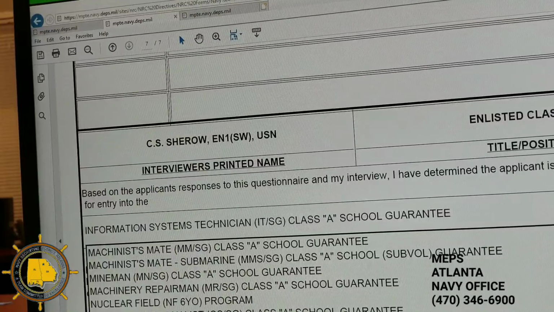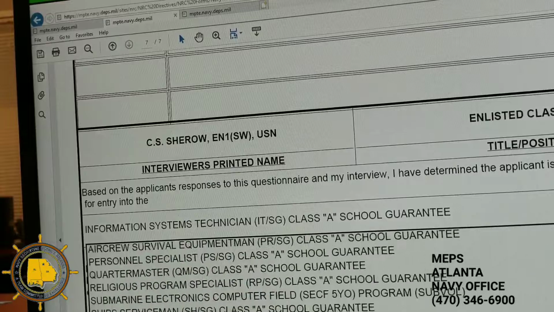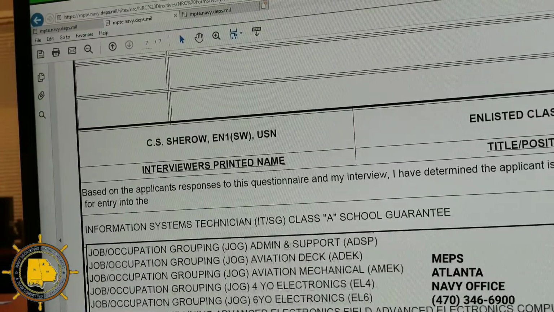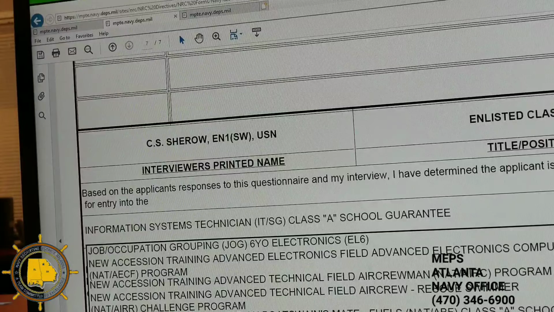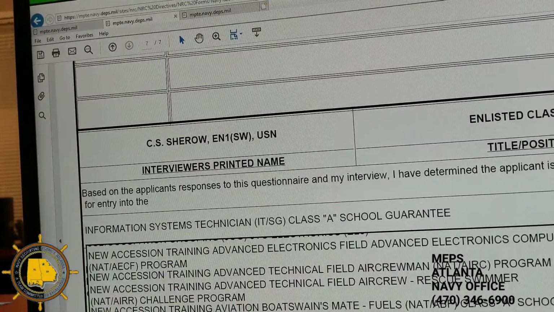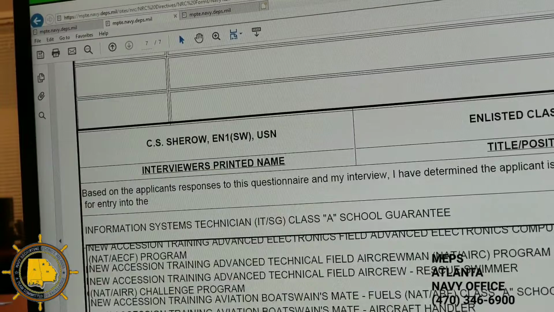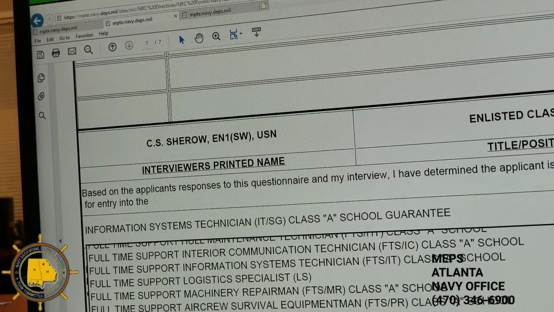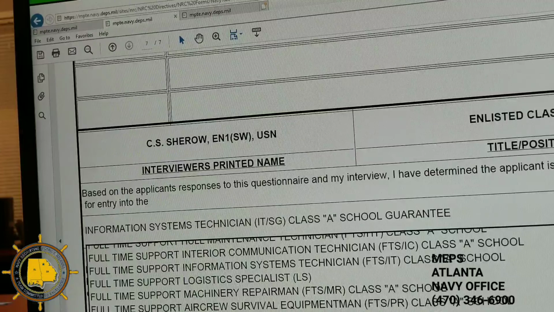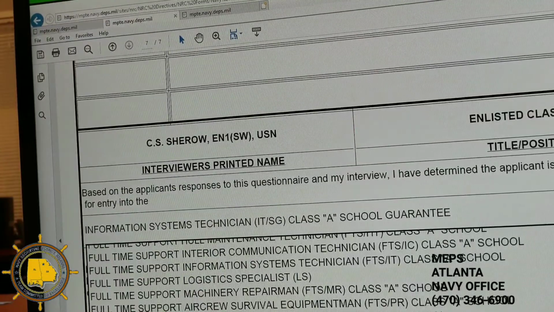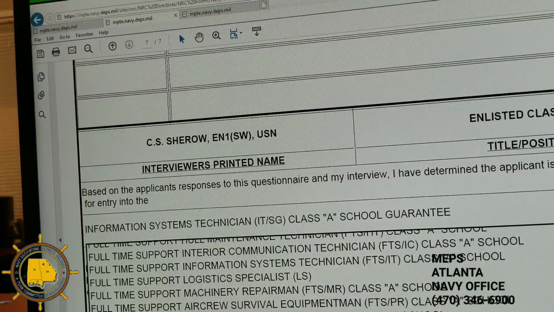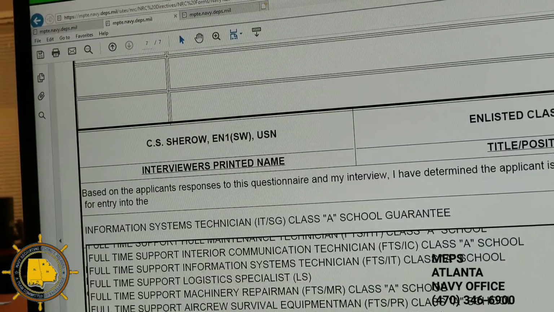So if your applicant is trying to reclass into an intelligence job that's reserve based, if you come all the way down to the bottom where it says newest session training, that's where you're going to find all of the reserve jobs. And anything that requires intelligence screening is going to be under there. Again, it's going to be newest session training, and that's also applicable to the FTS jobs. If it's reserve IT, it's going to say newest session training, information systems technician. If it's full-time support IT, it's going to say, obviously, full-time support intelligence systems specialist technician.